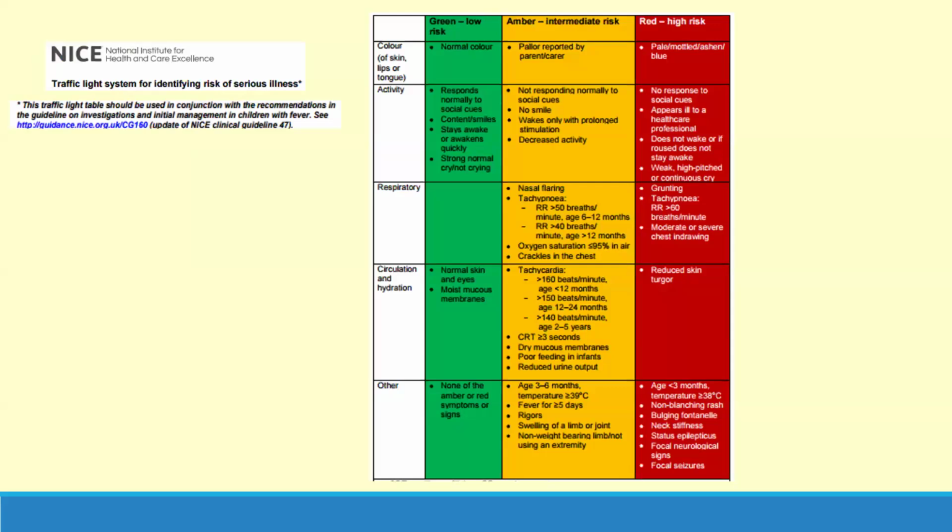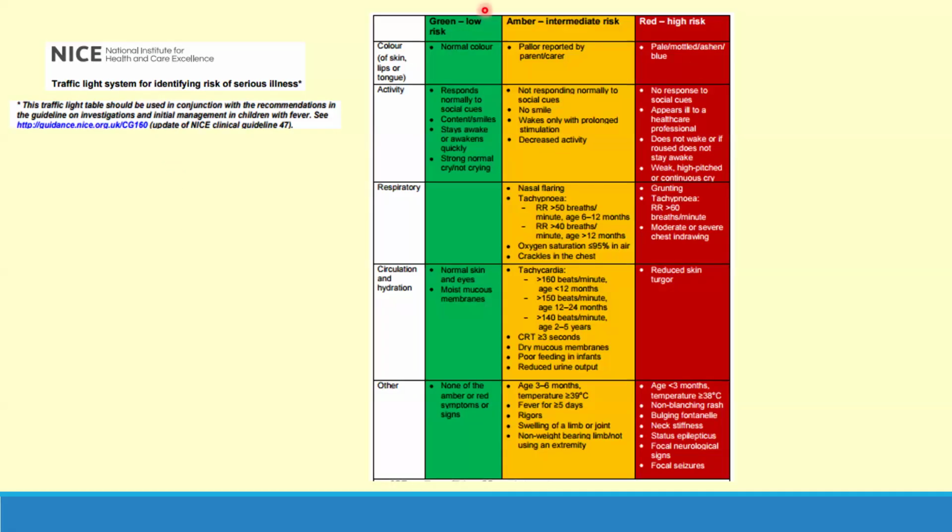So how do we risk assess children in A&E or over the phone when parents call various departments? We have triaging services here that parents will call. This has come from our National Institute for Health and Care Excellence, who give us lots of guidelines. I wouldn't teach you how to do guidelines, but this is quite a helpful one.